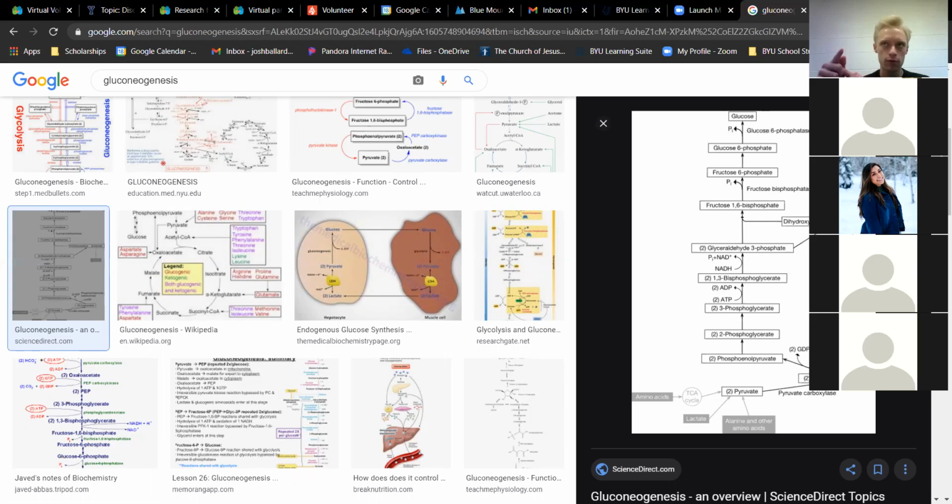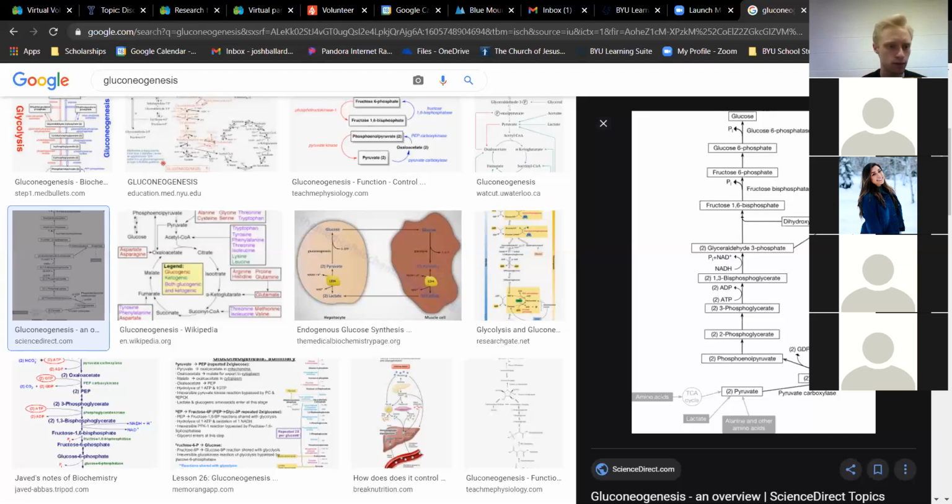The steps that were irreversible in glycolysis needed bypass steps in gluconeogenesis because you're trying to bypass the irreversible step. So steps 1 and 3 in glycolysis both needed bypass steps, and so did step 10. In order to bypass step 10, which is the pyruvate kinase, we need 2 steps to go back to phosphoenolpyruvate.